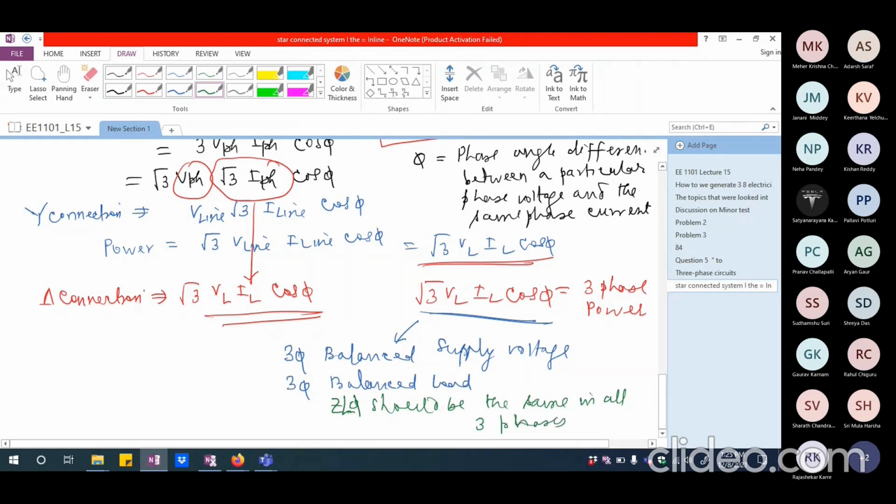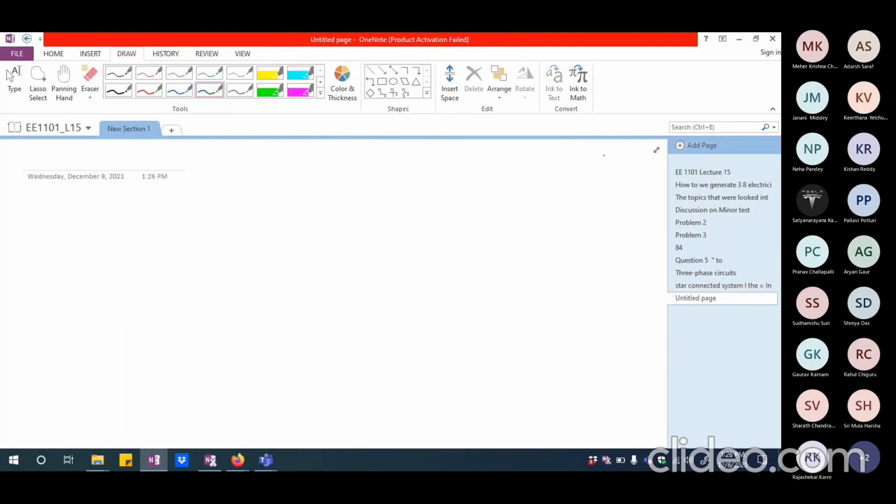Only then I can call it a balanced load.